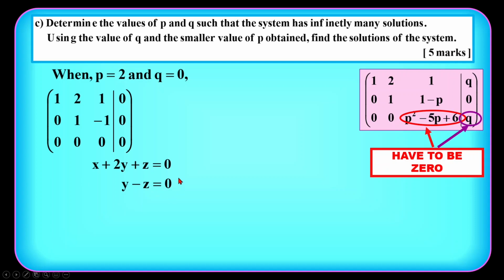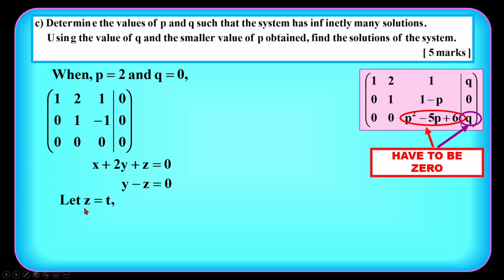Once we reach this situation, then we can find the solution. But this is an infinitely many solutions case. So for a case like this, what we need to do is take the y equals z part, and we will always start with letting z equals t.